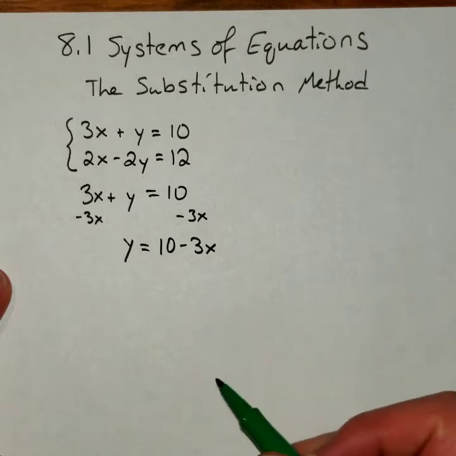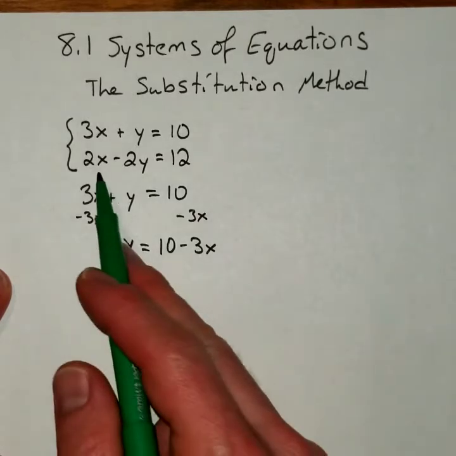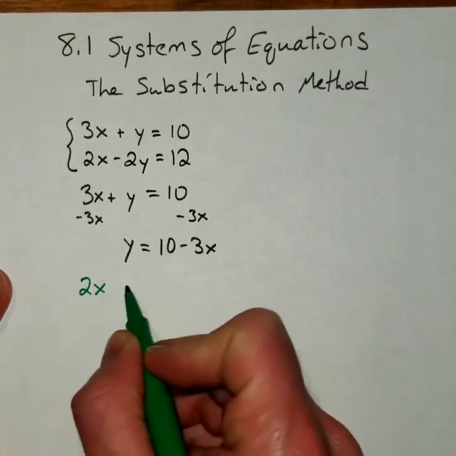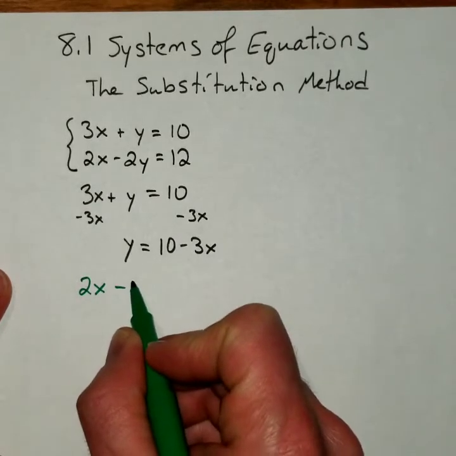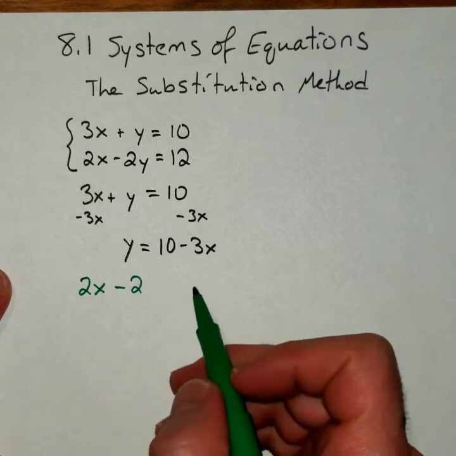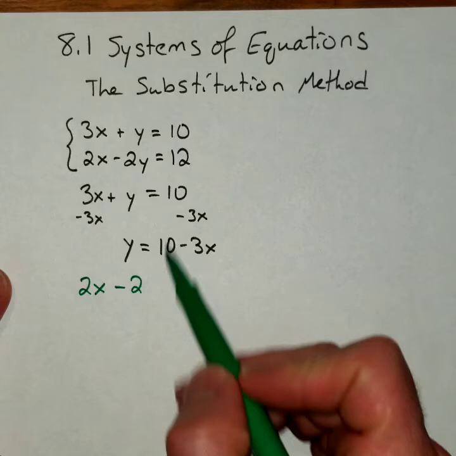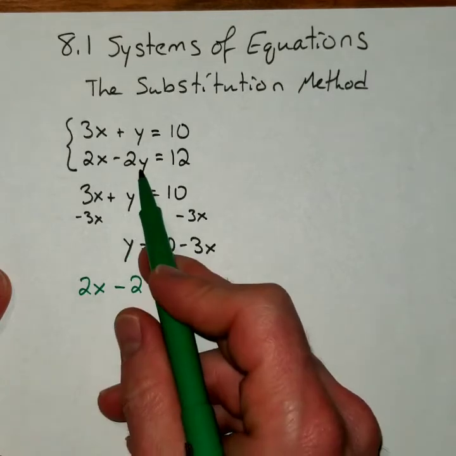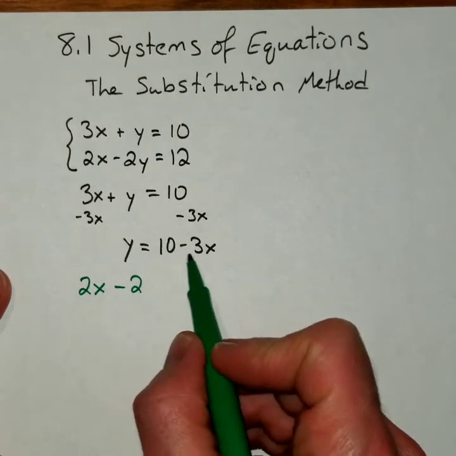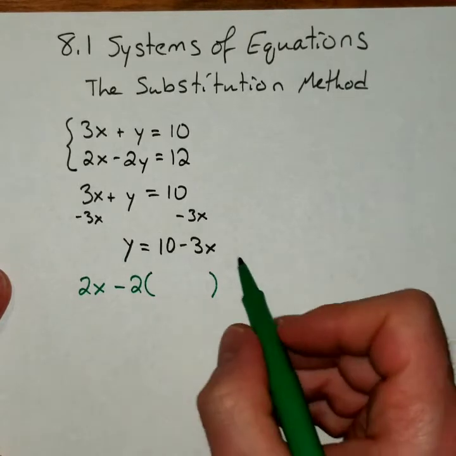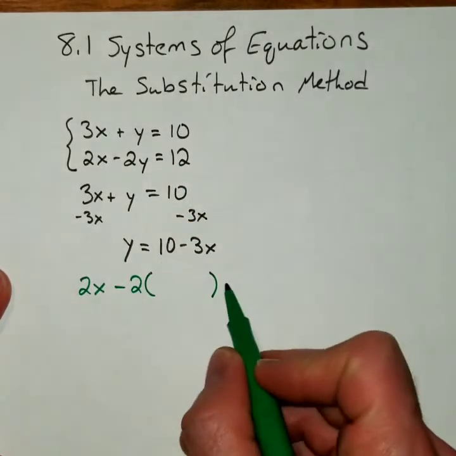Now, we're going to take the second equation, which is 2x minus 2y equals 12. Now, instead of putting a y in here, I'm going to replace the y with the new expression for y that we just found.